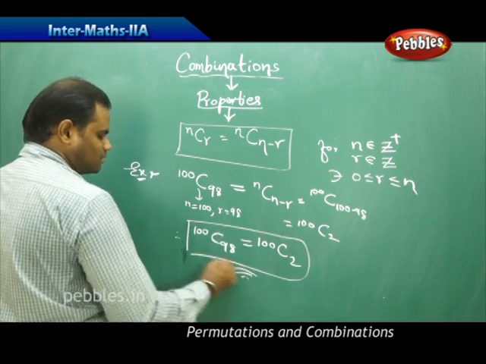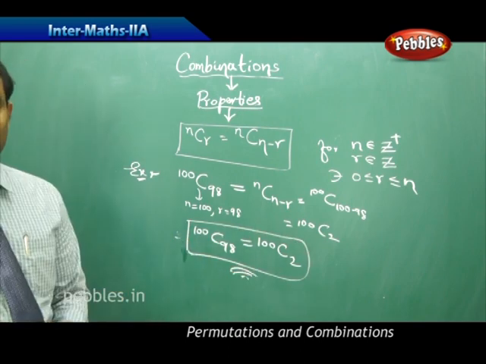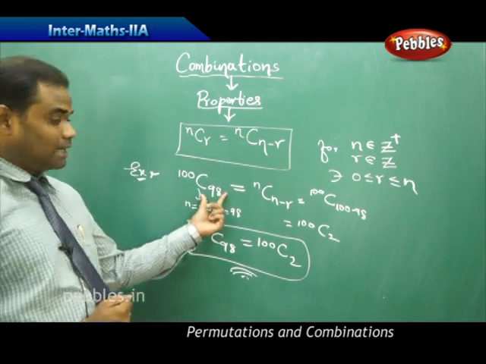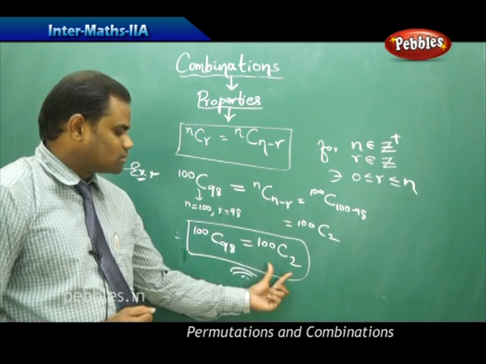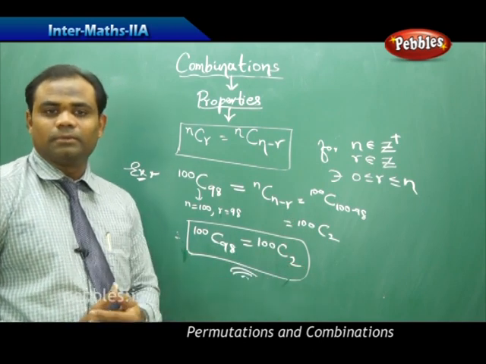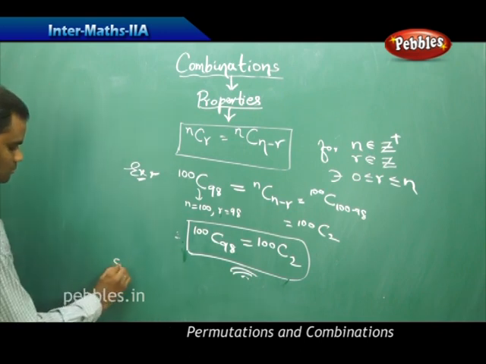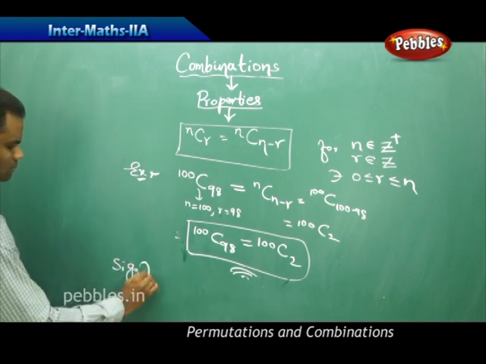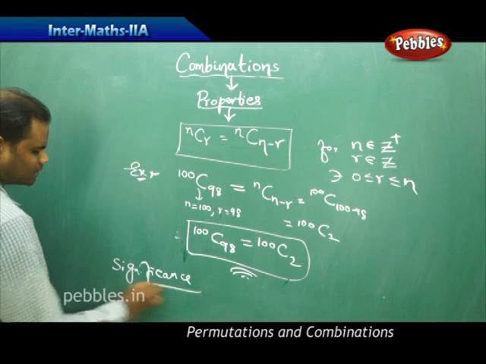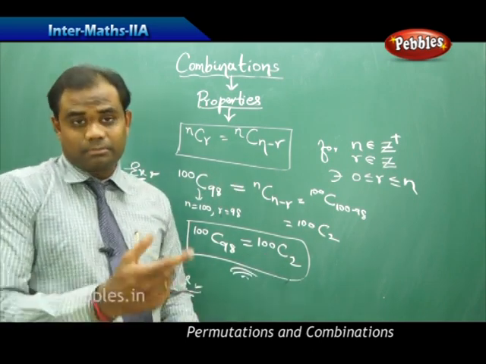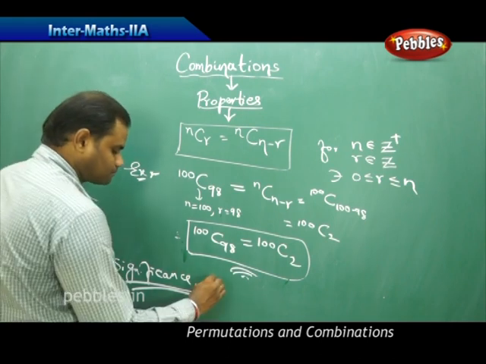Is how we understand this formula. Now the significance of this formula is that if you have the larger R, it can be reduced to the smaller r using the formula. So the significance is that it helps in reducing the value of r, making the simplification easier.